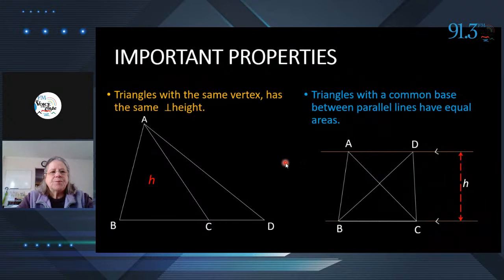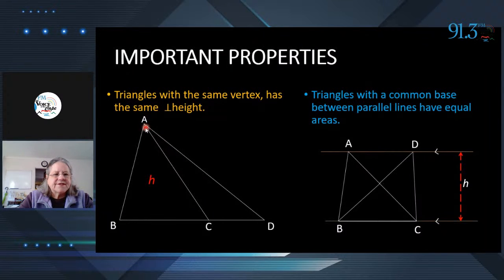Now, before we can explore it, there are two very important concepts that you need to understand, because this is used when we prove this theorem. Here on the left-hand side, triangles with the same vertex, in other words, A. Triangle ABC and triangle ACD have the same vertex.